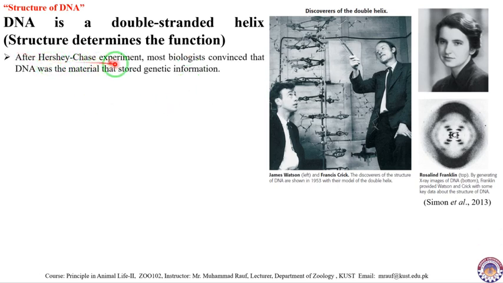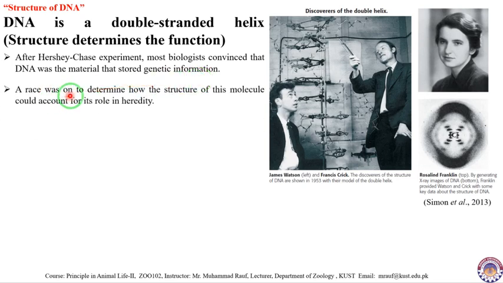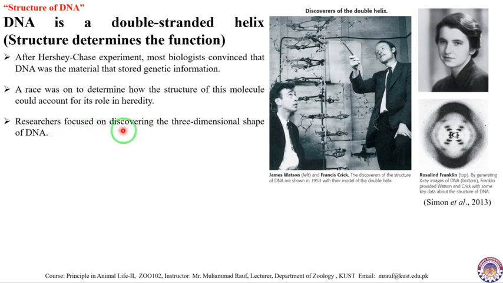After the Hershey-Chase experiment, most biologists were convinced that DNA was the material that stored genetic information. A race was on to determine how the structure of this molecule could account for its role in heredity. Researchers focused on discovering the three-dimensional shape of DNA.